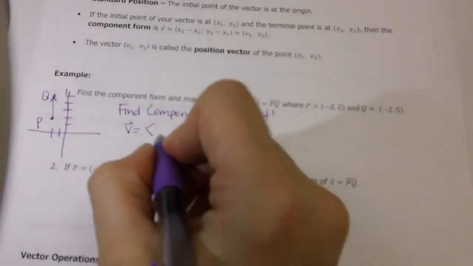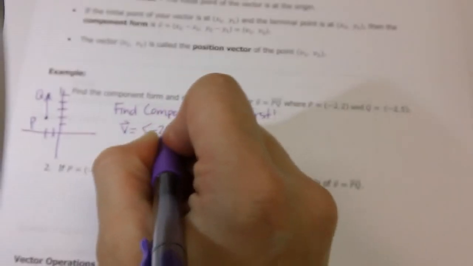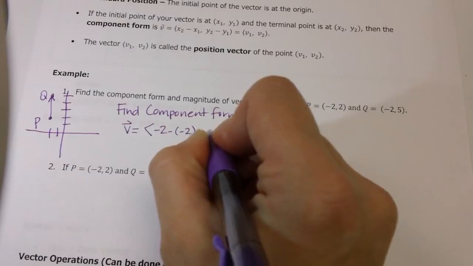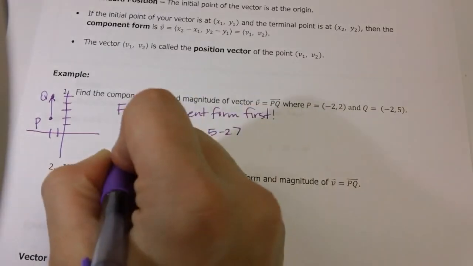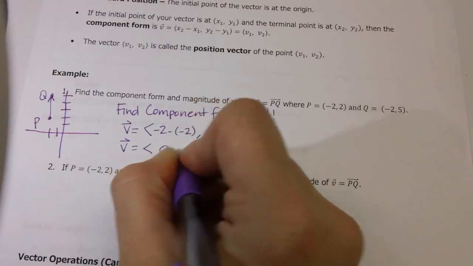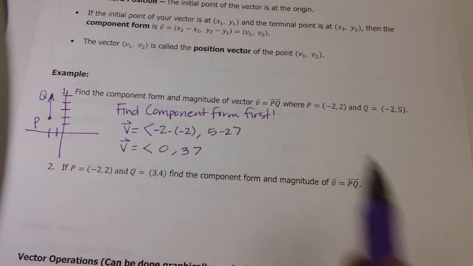We're going to take negative 2 minus a negative 2. And then we're going to take 5 minus 2. So our component form of this vector is going to be 0, 3. Okay, so this is the component form of our vector.